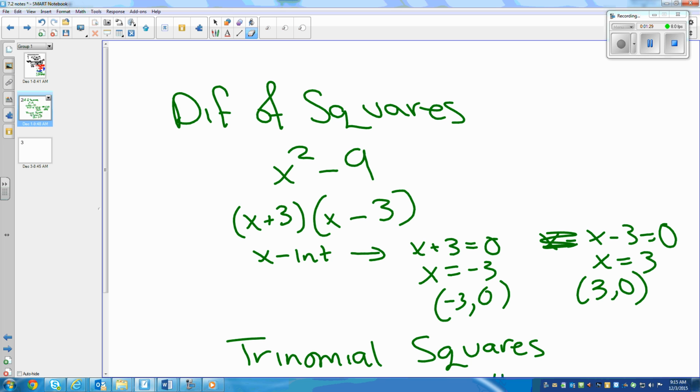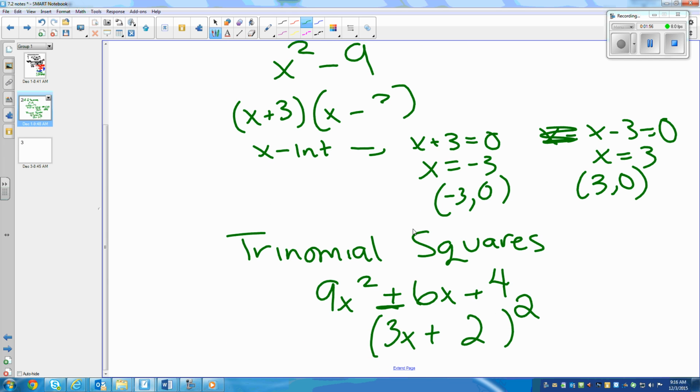You take the square root of the first one, put it in the front of two brackets, take the square root of the last one, put it in the back of two brackets, and then you put a plus or minus sign in between. Because if we were to multiply this back out, we get x squared plus 3x minus 3x minus 9, right? And the negative 3x and the plus 3x would cancel each other out.